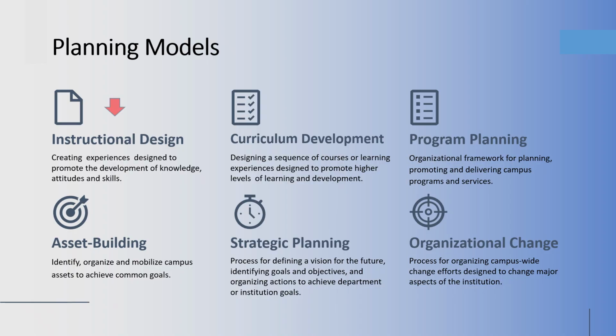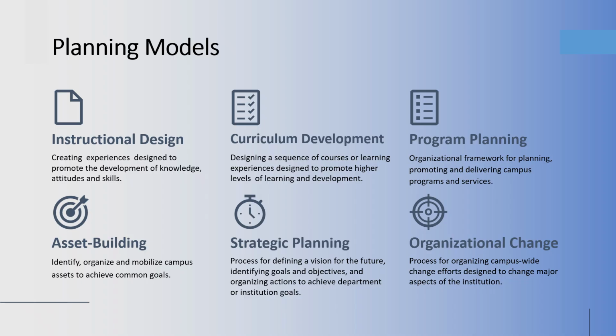For example, instructional design models can create experiences designed to promote the development of knowledge, attitude, and skills. Curriculum development models can be used to design a sequence of courses or learning experiences designed to promote higher levels of learning and development. Program planning models can be used as an organizational framework for planning, promoting, and delivering campus programs and services. Asset building models can be used to identify, organize, and mobilize campus program services and resources to achieve common goals.